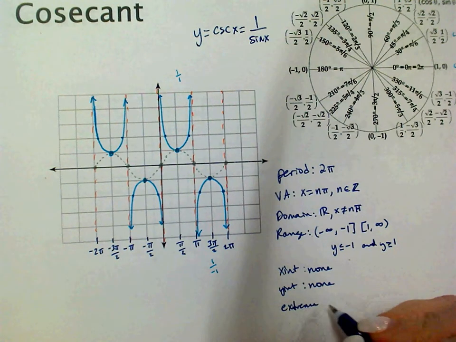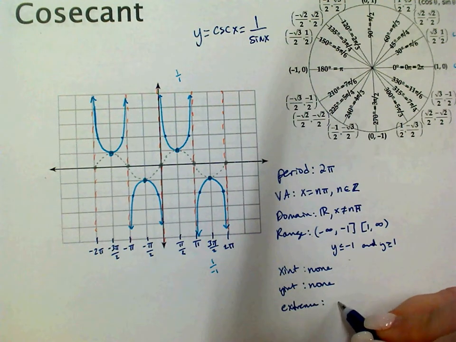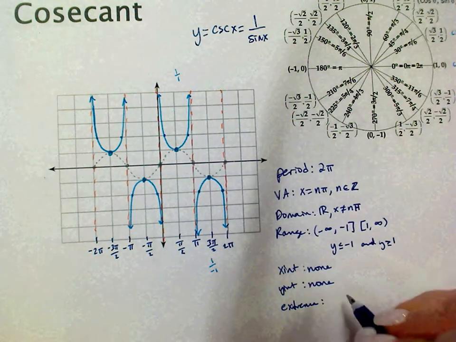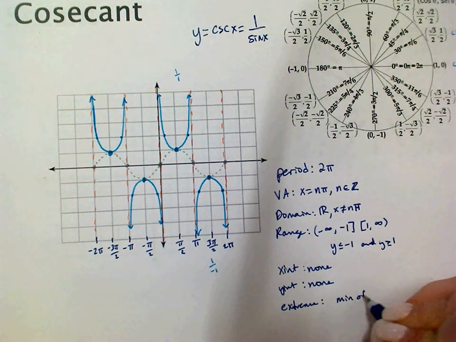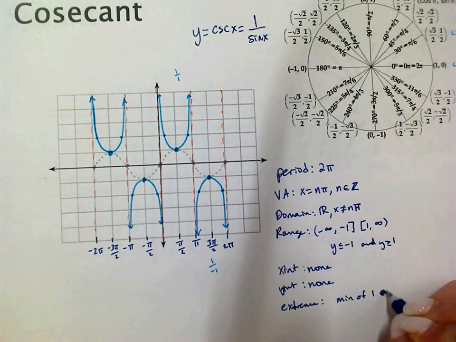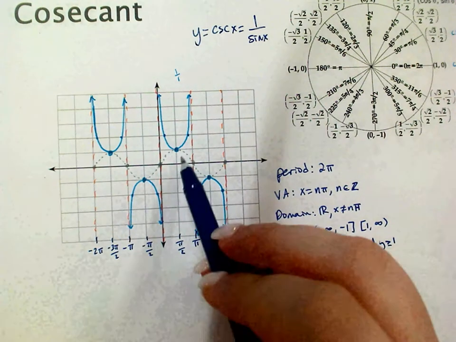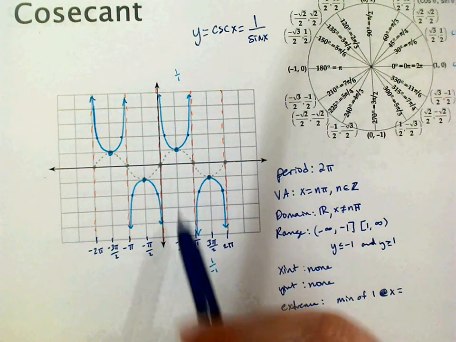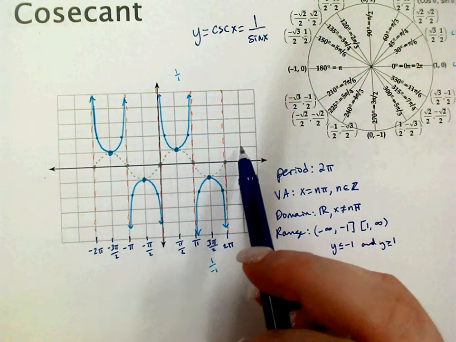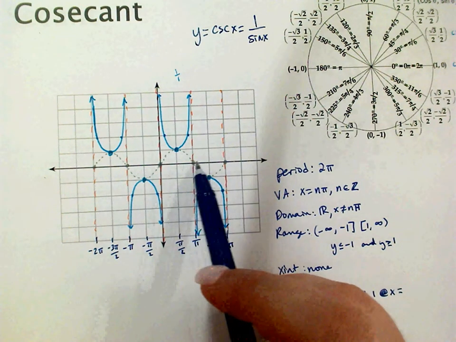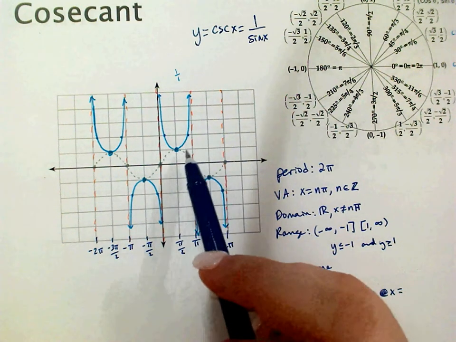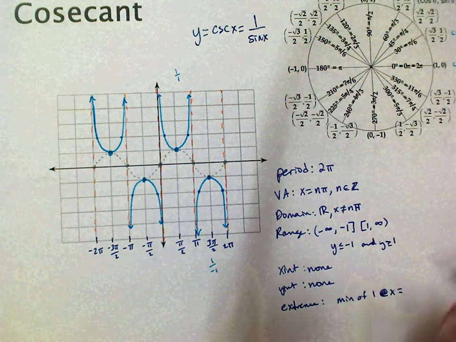Alright, let's start with this one right here. We have a min of 1 at x equals pi over 2, and then the next one would occur right here, which is 1, 2, 3, 4 tick marks away. It repeats every 2 pi, so it takes a period in order for it to repeat.